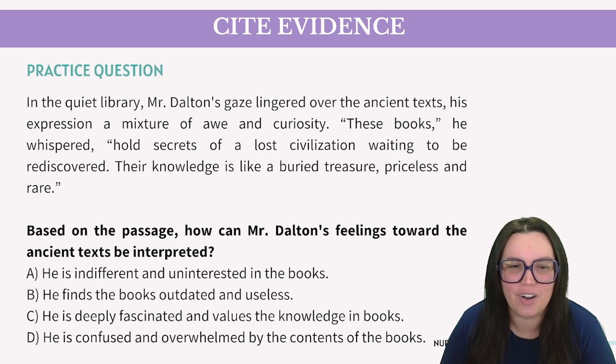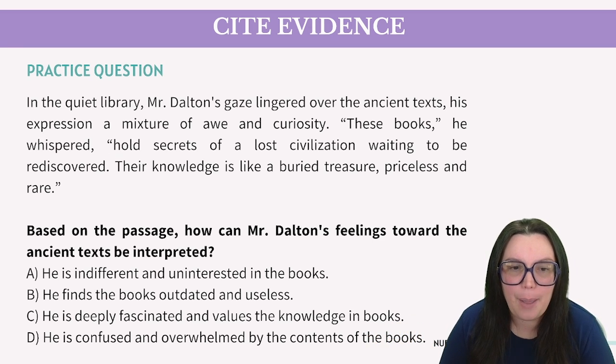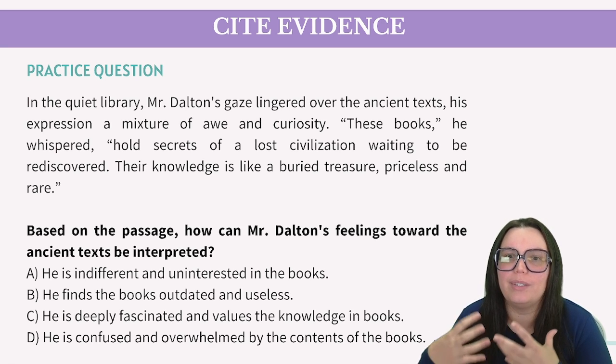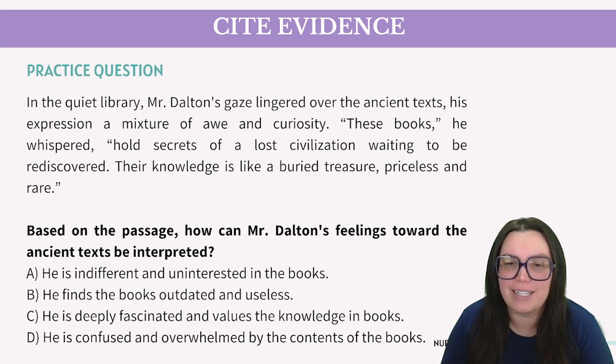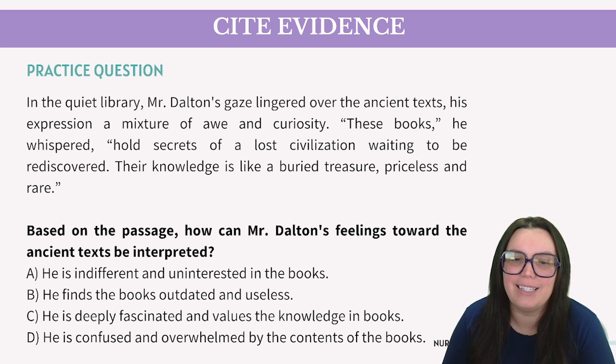So our options are: A, he is indifferent and uninterested in the books. Well, based on what he's saying about the books, that doesn't seem like that's the correct answer. B, he finds the books outdated and useless. Well, again, he uses things like, "These books hold secrets of lost civilizations." While they might be outdated based on when they actually took place, they're definitely not useless in his eyes.